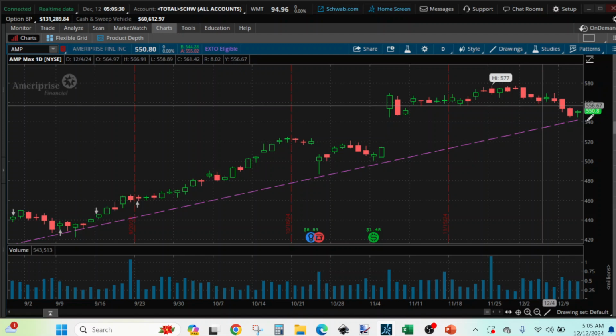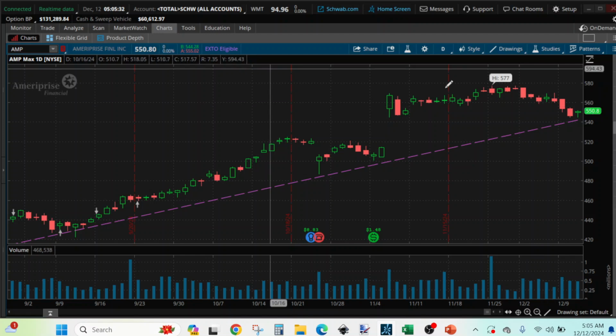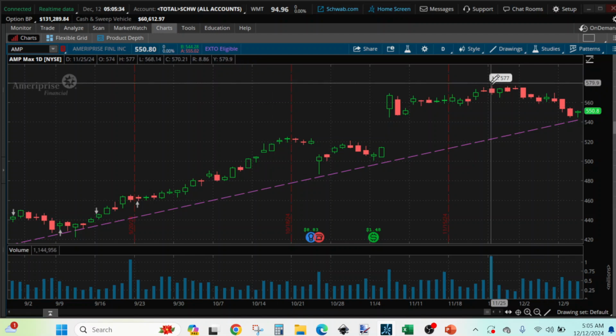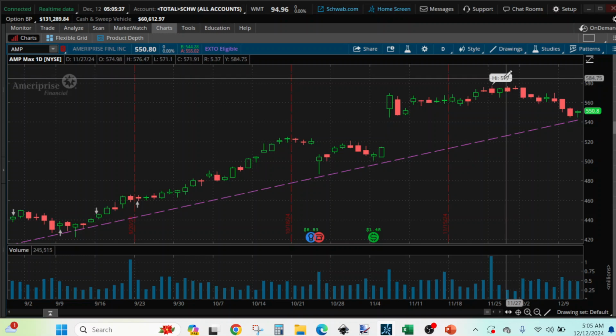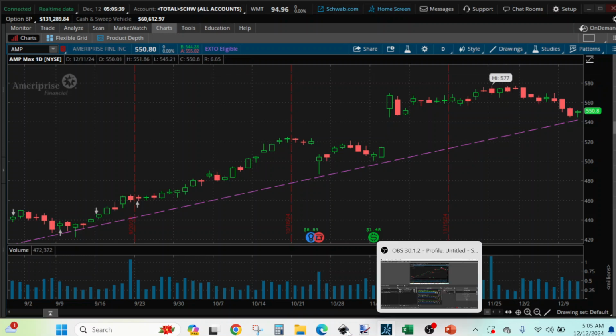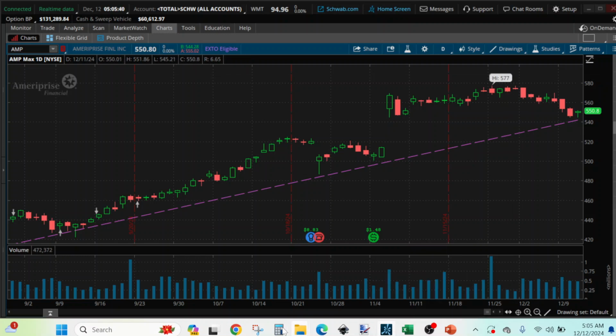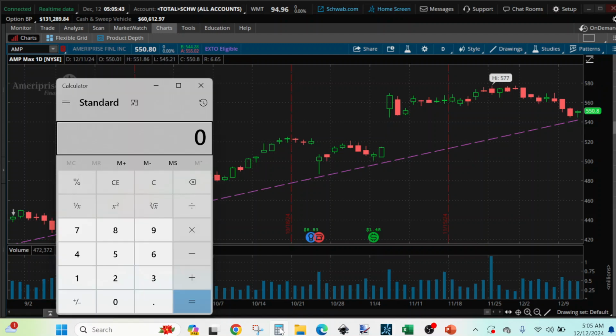Let's just use 550.80, and let's use this highest point, 577. So we do 577 minus 550.80. I use different ways to calculate how many shares I'm going to purchase.